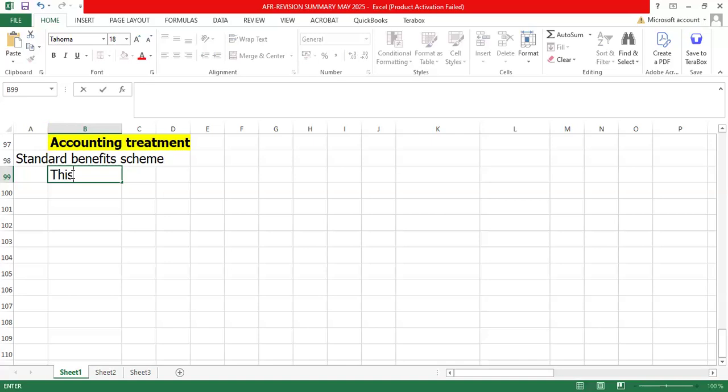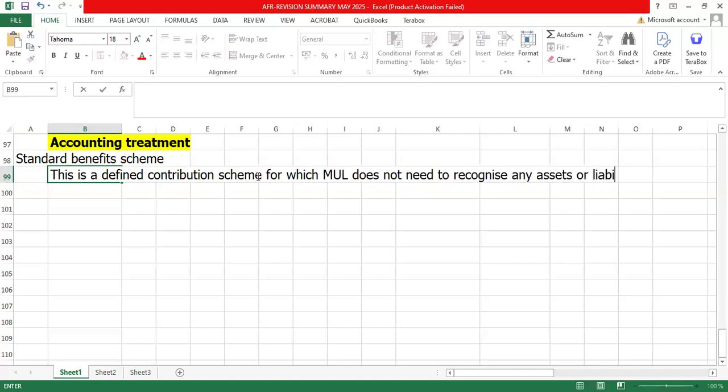Remember, we have said that this is a defined contribution scheme, but for which MOVE does not need to recognize assets or liabilities. Colleagues, you note the difference.